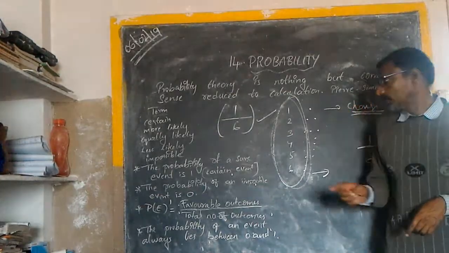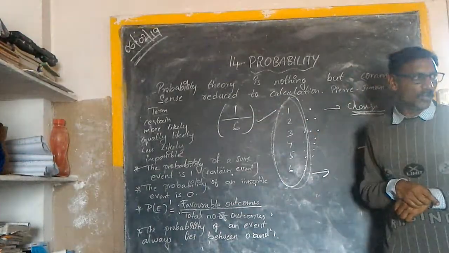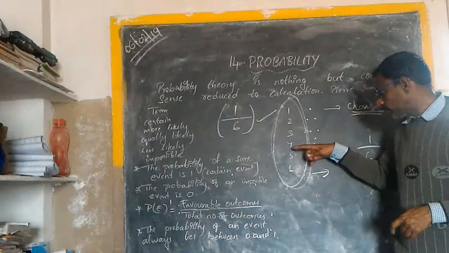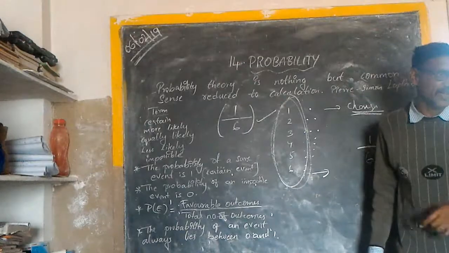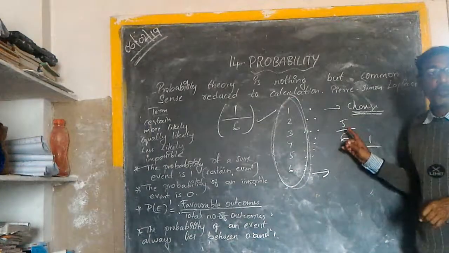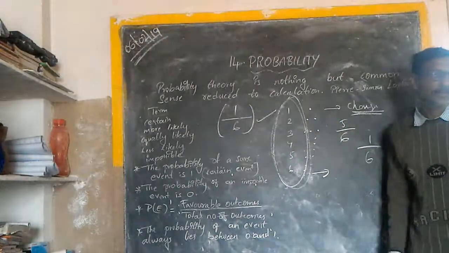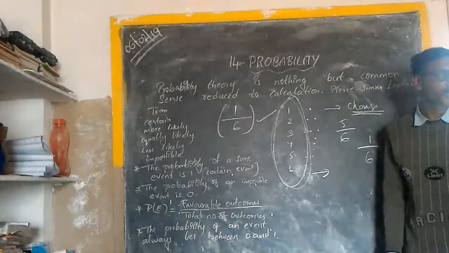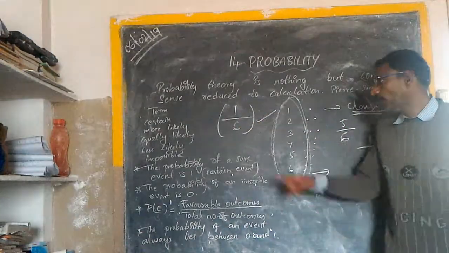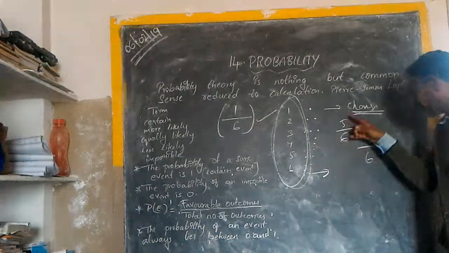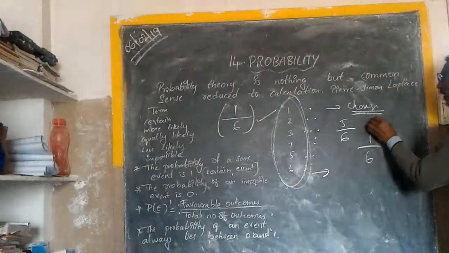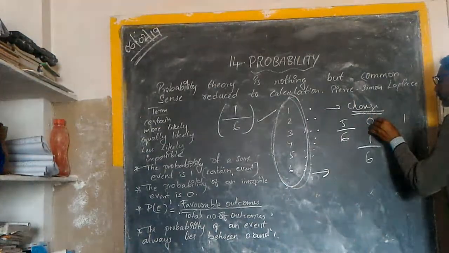Isn't it? So here I would like to explain one more thing. 3 has only one chance. 1, 2, 4, 5 and 6 are the other chances. Those are called 5 by 6. This is the probability of the remaining chances. So this is 5 by 6 and 1 by 6. When 1 is divided by 6 or 5 is divided by 6, it gives values that lie between 0 and 1.